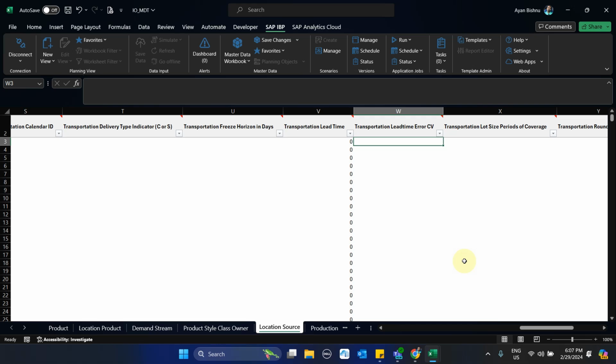So this is all about the master data piece that I wanted to cover. These are the primary, mandatory master data inputs needed for an IO run.